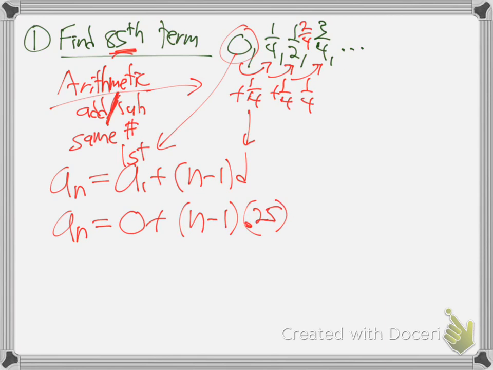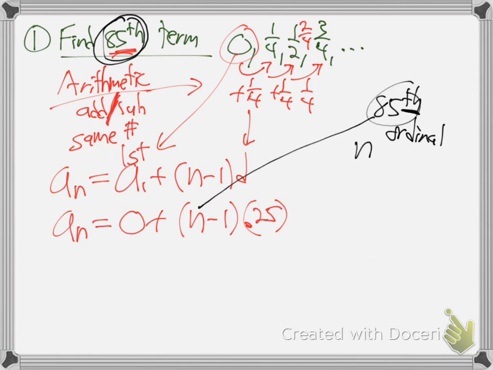So now I want to find the 85th term. 85th is what we call an ordinal, meaning it implies an ordering. It doesn't just say 85, it says 85th. When you have that th, it's implying in what order, and that's always n.